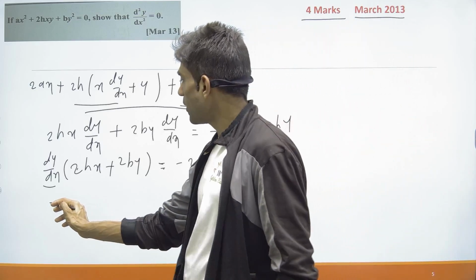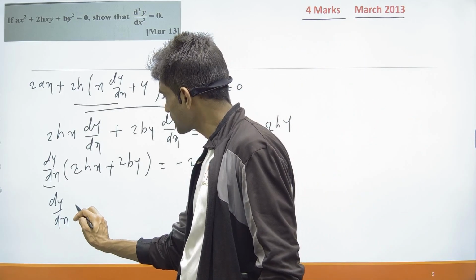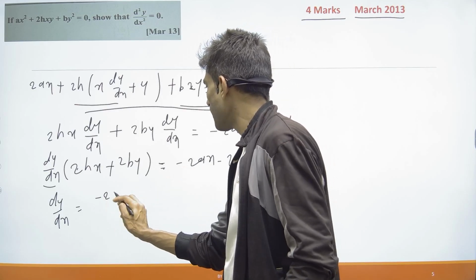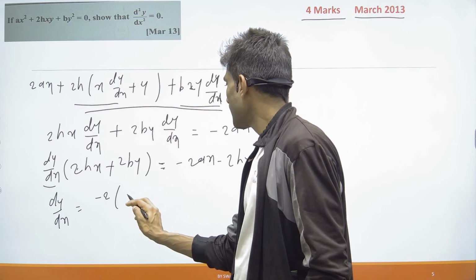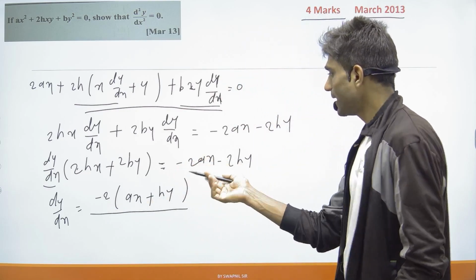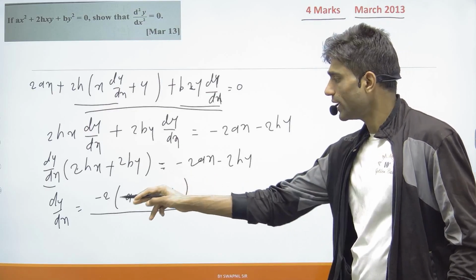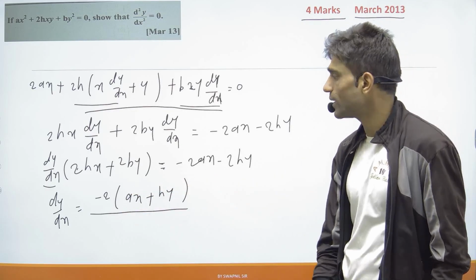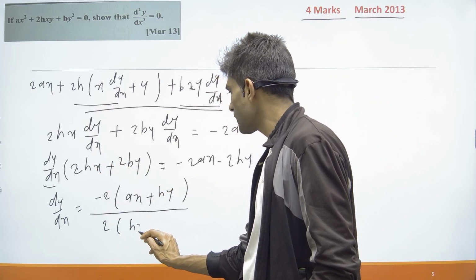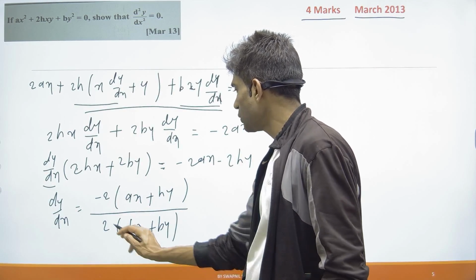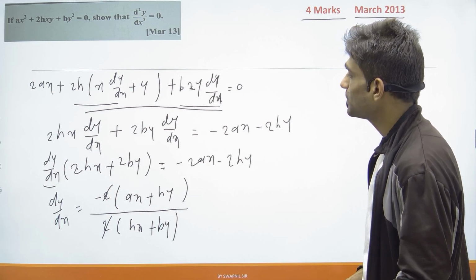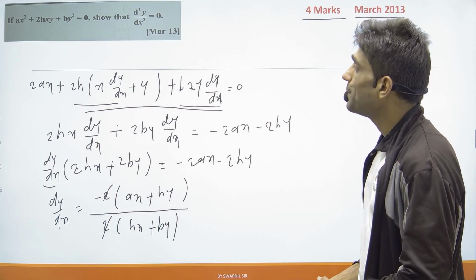So dy by dx is negative; I take negative 2 common from these two terms, so we get ax plus hy. Left term here is negative 2 under bracket, ax plus hy. Again do it similarly for the denominator, take 2 common, hx plus by coming here, 2 gets cancelled. So our required answer for dy by dx is equal to negative of ax plus hy upon hx plus by.